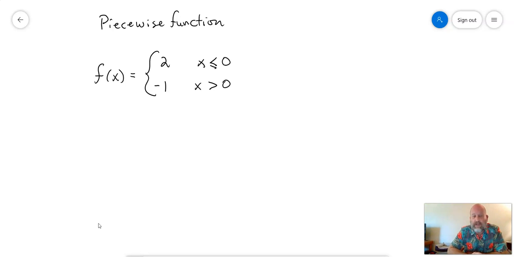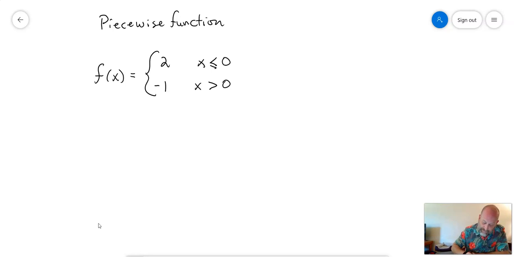Basically what it's telling you is what the value is in each one of these areas. I have an area where x is less than or equal to 0, and then I have an area where x is greater than 0. And this is just telling me what the y values are in those places.